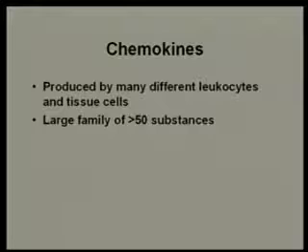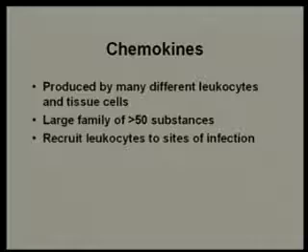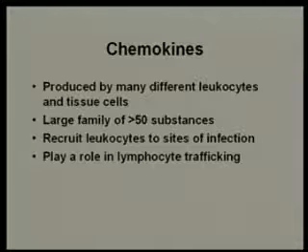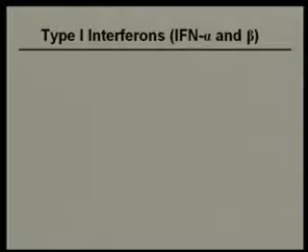We can't talk about all 50, but what we're going to talk about is just the general properties of chemokines. Again, chemokines will recruit leukocytes to the site of infection. So the primary role of the chemokines is to tell cells to come to the site of infection. And that's, again, said here. It plays a role in the trafficking of lymphocytes.